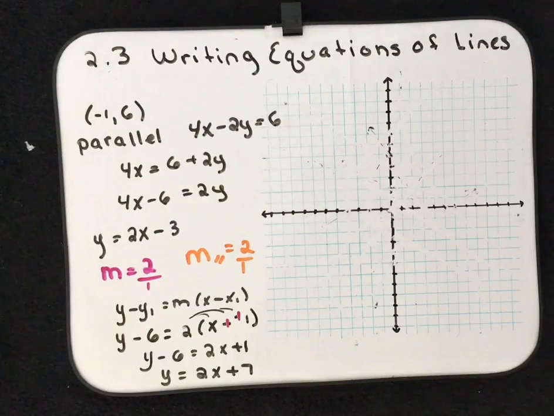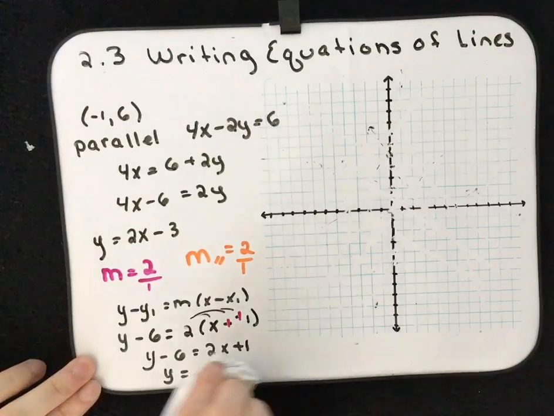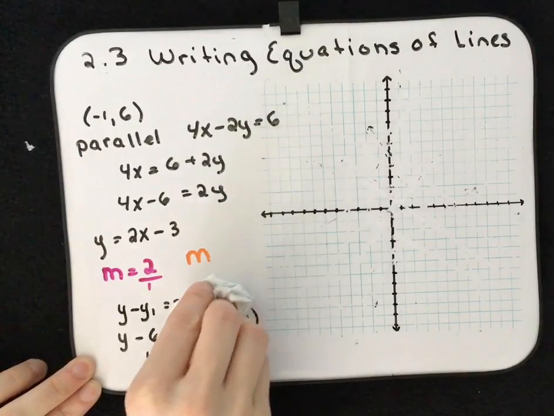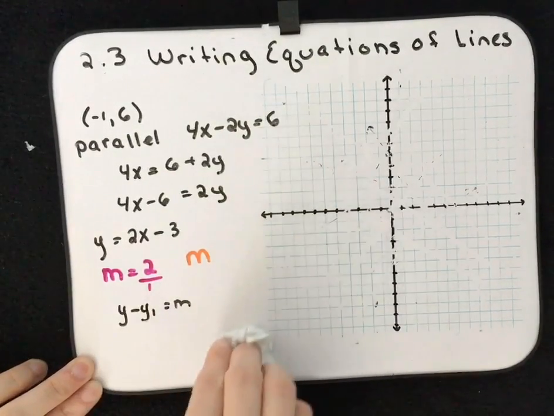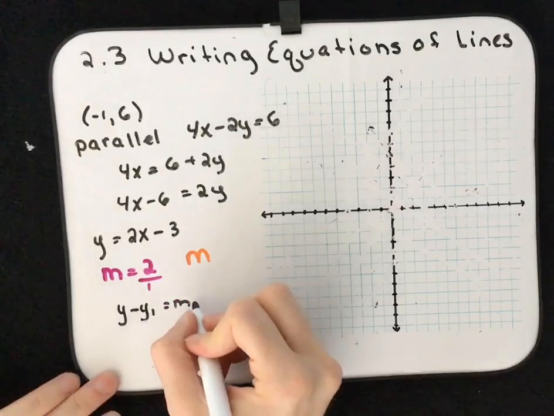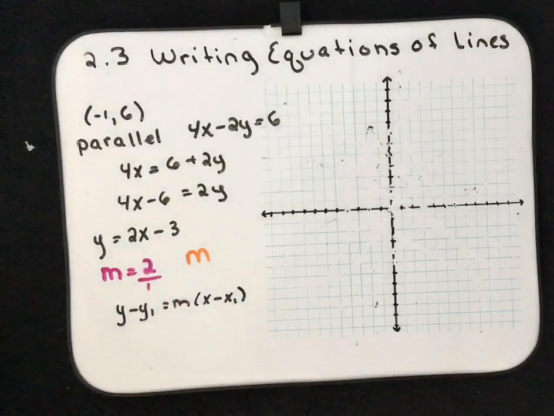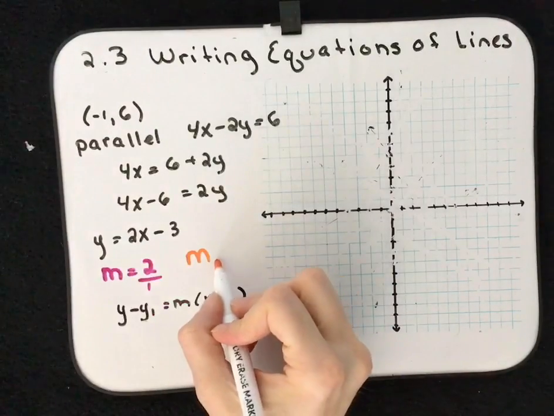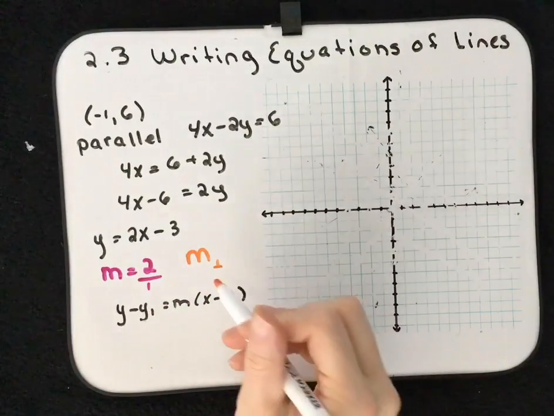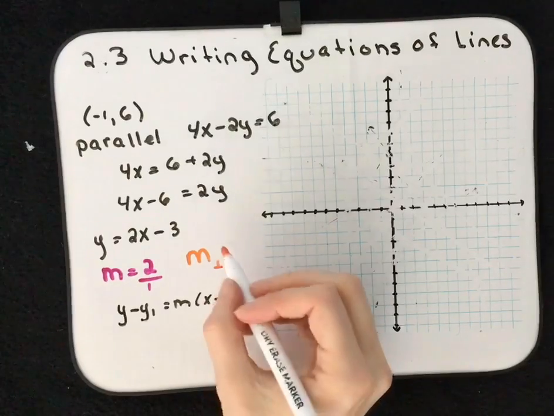Now let's use the same question, but instead of parallel, let's look at perpendicular. So let me get down to here. So if we're looking for perpendicular, perpendicular looks like a little upside down T for its symbol. So this is going to mean the perpendicular slope.